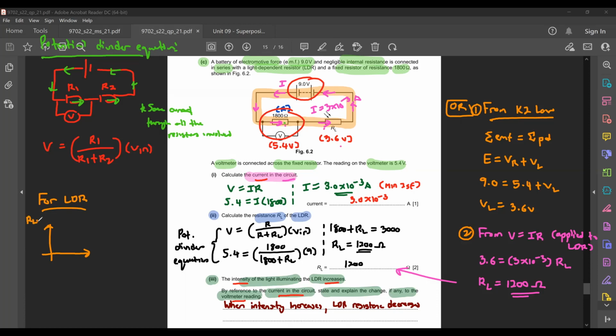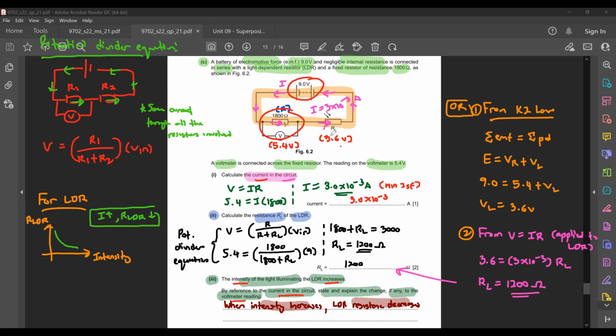So this is the resistance of your LDR, and this one is talking about light intensity. The graph shape would generally be something like this. Okay, so this tells us that when intensity increases, resistance of LDR drops. Okay, so we're just putting it into words here. When intensity increases, resistance of LDR decreases.